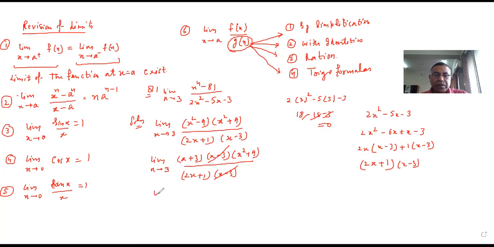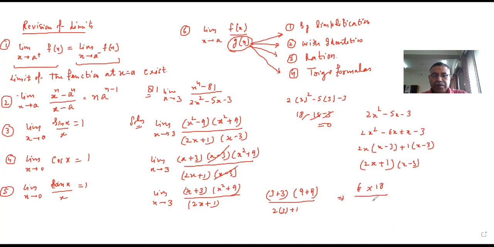Now my function becomes free from 0. This is x plus 3 because all the terms have a positive sign, so there is no scope of getting 0 in the function. So substitute the value of x here. This is 3 plus 3 is 6, into 9 plus 9 is 18, upon 2 into 3 plus 1, which is 7.